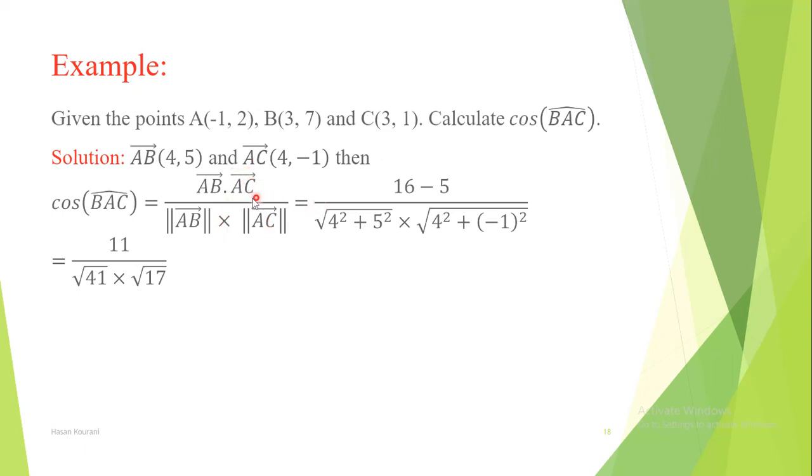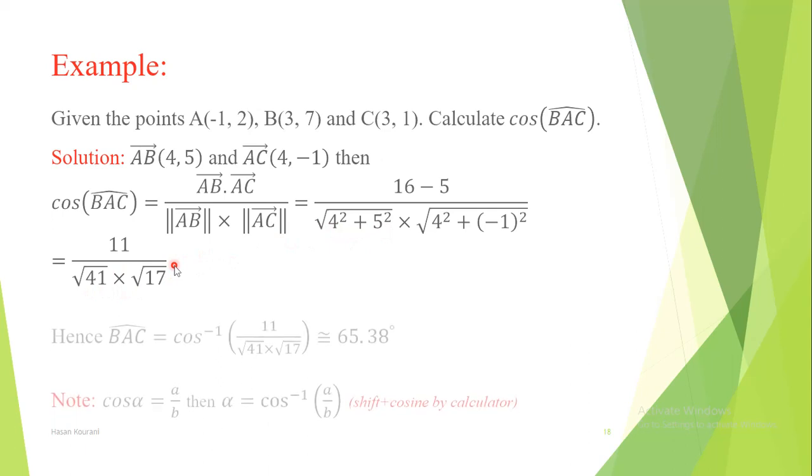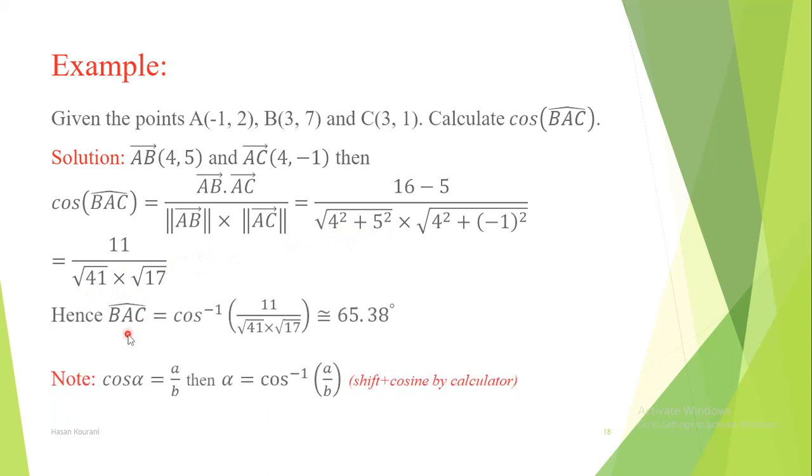At the end, we can easily calculate AB dot AC, which is x x prime plus y y prime, 16 minus 5, which is 11, over the magnitude of AB times the magnitude of AC. Hence, by this calculation we got cosine of BAC, which is 11 over this number.